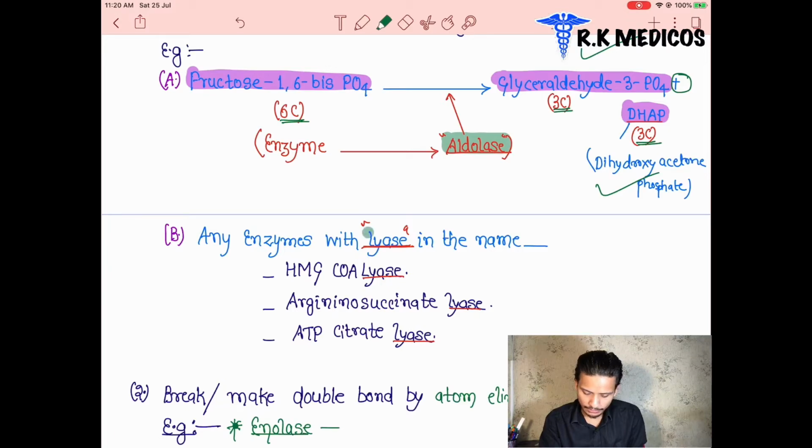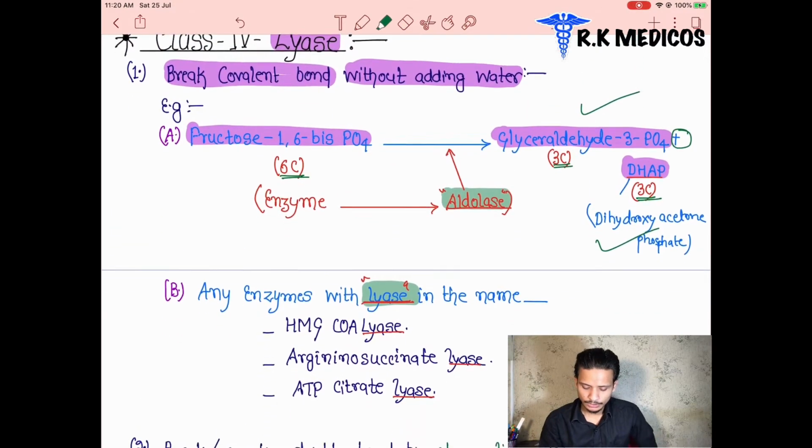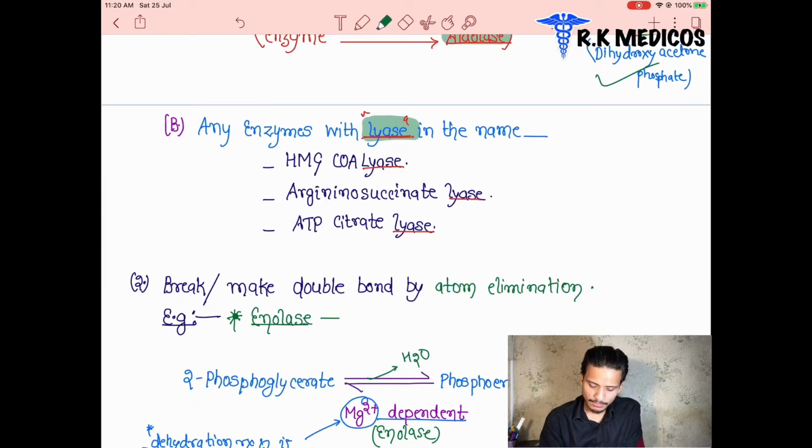For any other enzymes whose name ends with liase, we can see that all these enzymes are included inside the liases group. And what are the different types of enzymes? We have to memorize them.